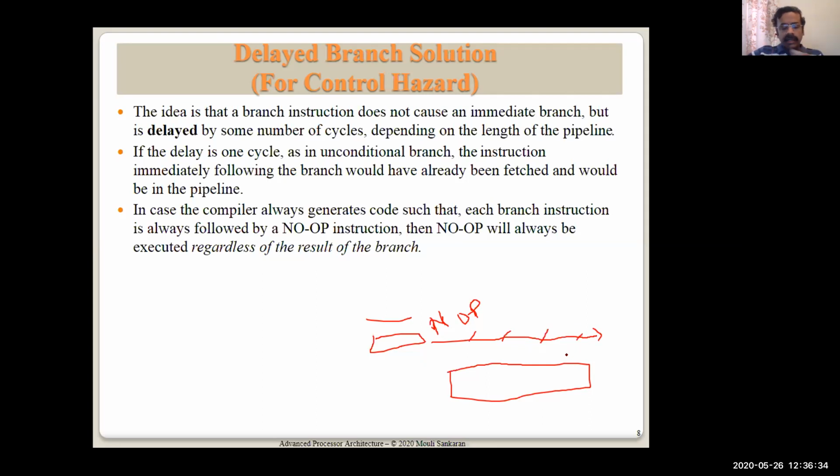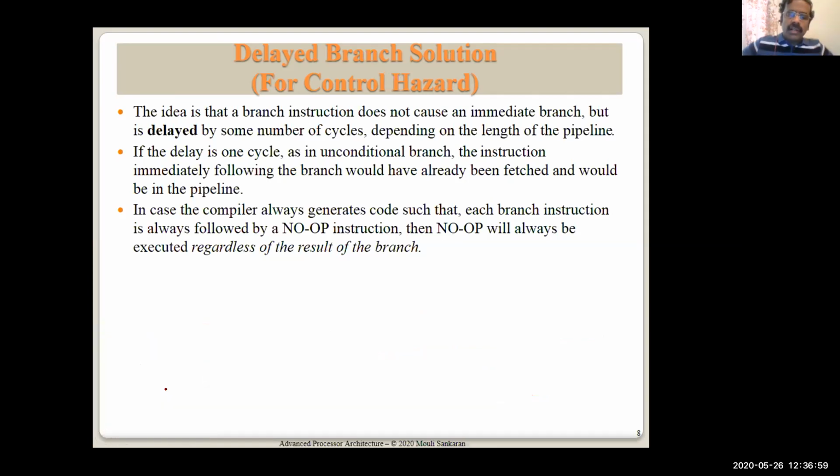That means no register content is changed, no flags are changed, but it quietly goes through the pipeline. Then in the delay slot after the jump instruction, I can put a no op and still have the no op instruction going through the pipeline, but without causing any state change to the CPU.